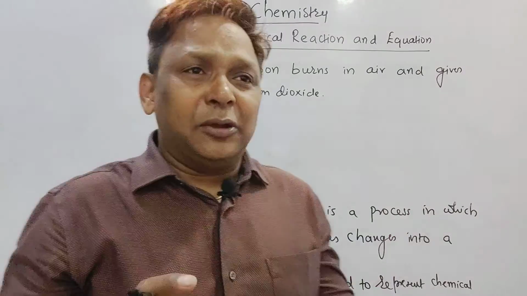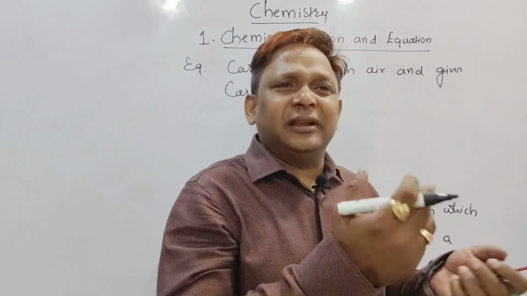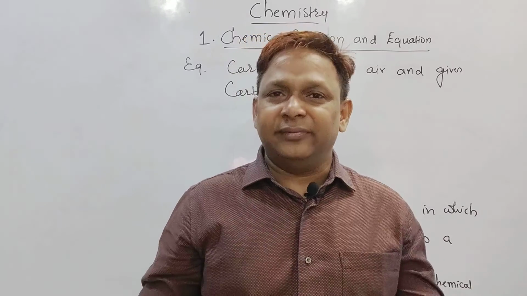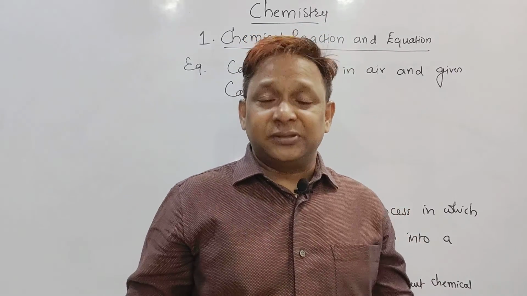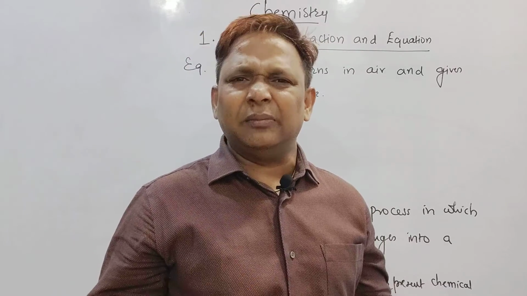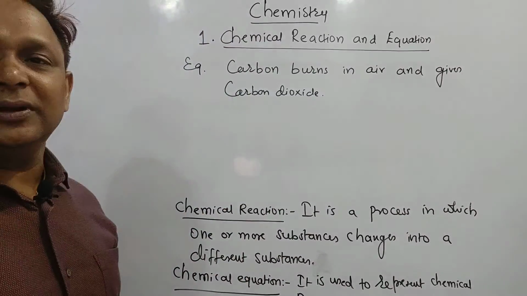Please write down the chemical equation first, and the chemical equation itself is called a chemical reaction. Balancing part and all we will discuss afterward, but first you try to write down how to write the chemical equations, and that chemical equation itself is called a what? Chemical reaction. Please make a note of this one here.